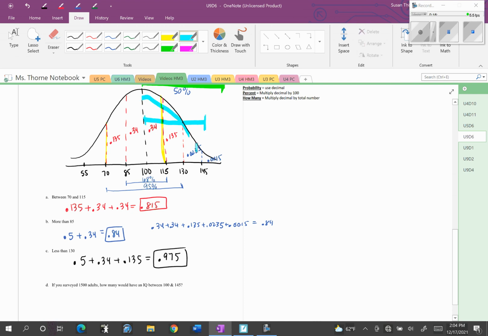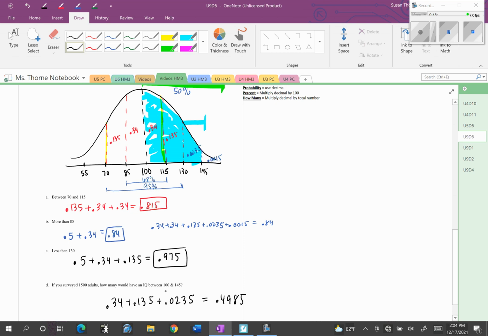So we're looking at this area right here. So we need to add up those probabilities. So we have 0.34 plus 0.135 plus 0.0235, which gives us 0.4985. So that would be the probability.